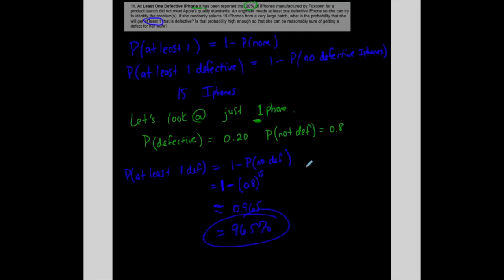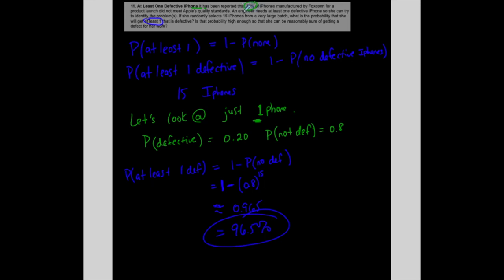This is the situation. This engineer takes 15 iPhones from this company. And we're saying that the probability that out of the 15, at least one of them is defective is 96.5%. That's a high probability that at least one of those 15 iPhones is defective. That means that this company sucks. Well, does that make sense? I think so. The probability that one of them is defective is 20%.